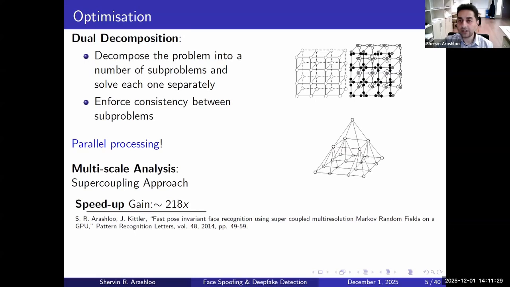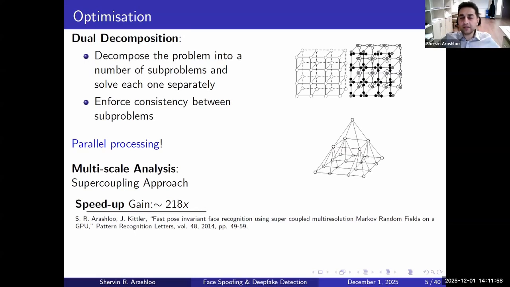As you can see, the edges along with the two end nodes, and then try to find the solution to each of those smaller subproblems, and then enforce consistency across all of those overlapping subproblems. Because by using this method, you can divide your problem into a large number of smaller subproblems, it helps you to use parallel processing.